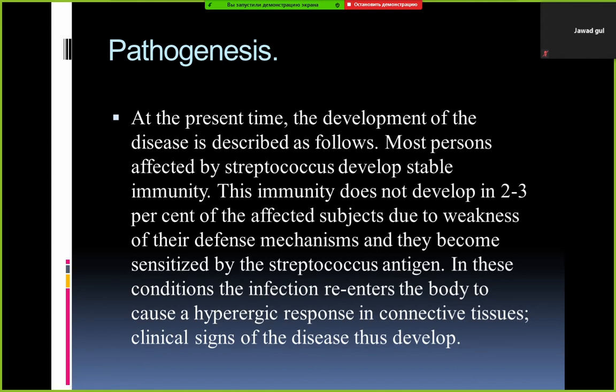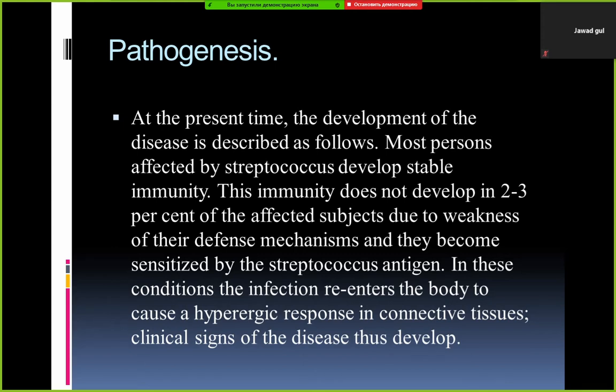Most persons affected by Streptococcus develop stable immunity, and this immunity does not develop in 2 or 3% of the affected subjects due to weakness of their defense mechanisms, and they become sensitized by the Streptococcus antigen.